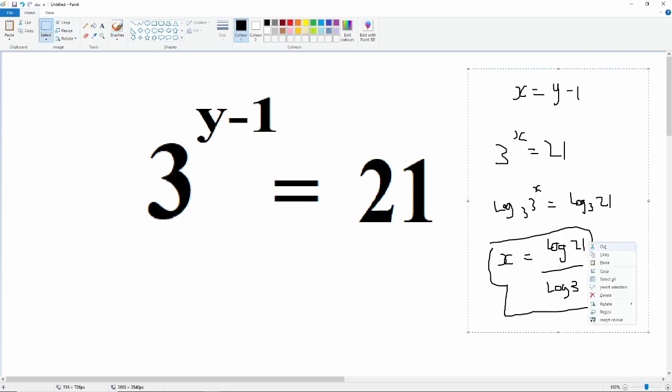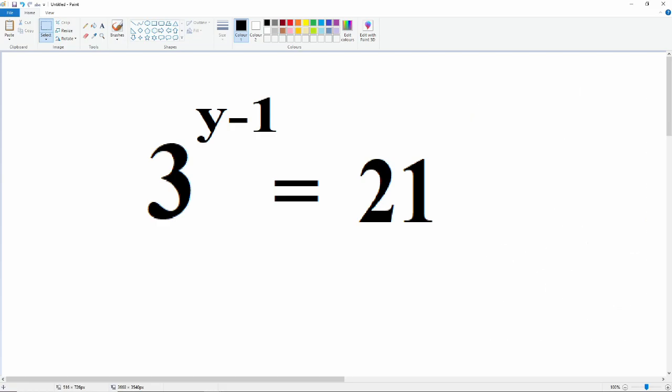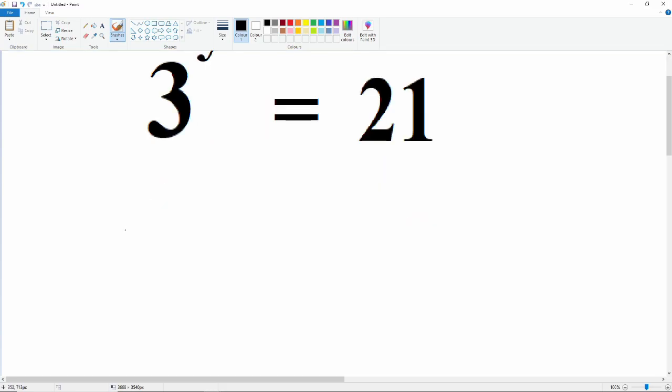But you know what might just be a little bit quicker, or what I think is a little bit quicker, is remember if we multiply by the base, we're adding 1 to the index. So if we multiply by 3, 3 to the power y minus 1 is equal to 3 times 21.